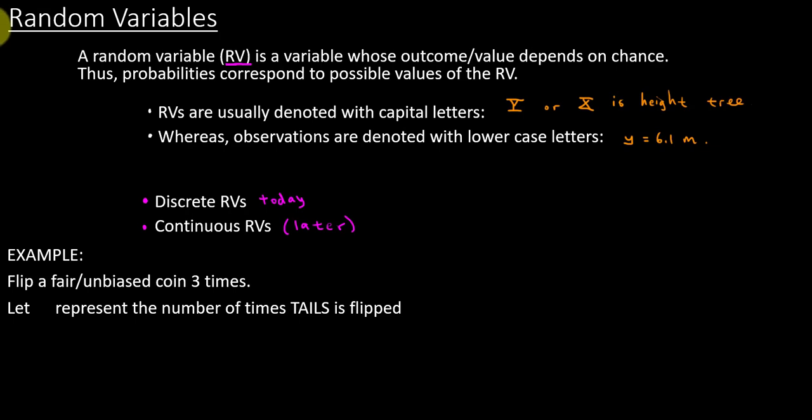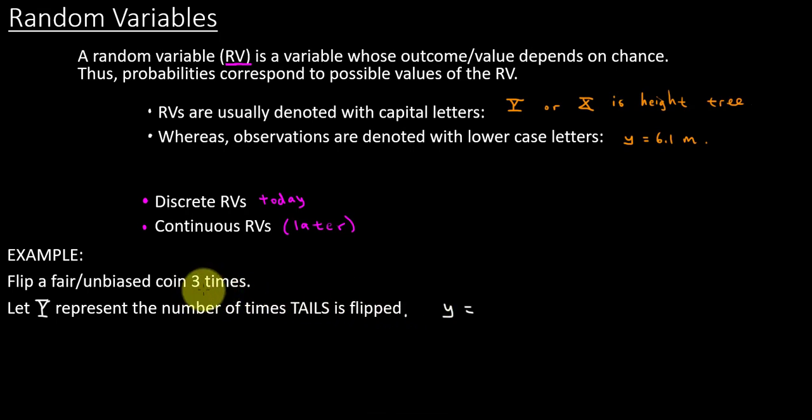I'm going to let a letter represent the number of times a tail was flipped, and I'll use Y to be consistent and sort of general. So the capital letter Y here, it's a brief sentence describing what your variable is, what is being counted. Let's consider the possible values of this variable, lowercase y.